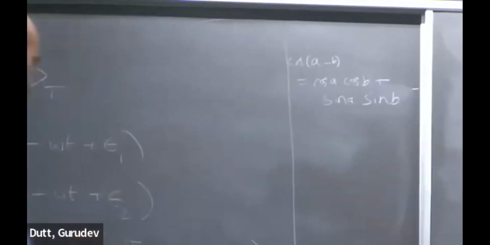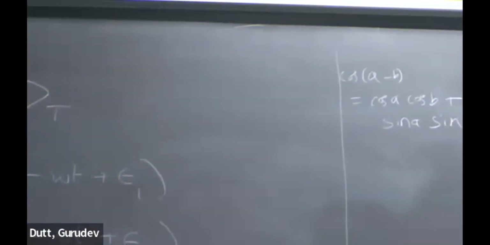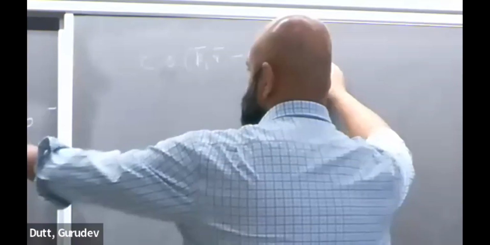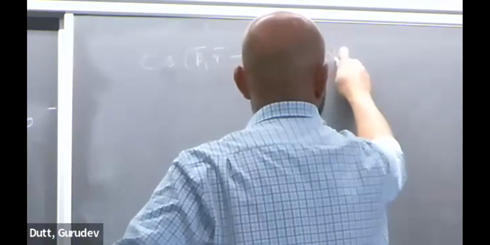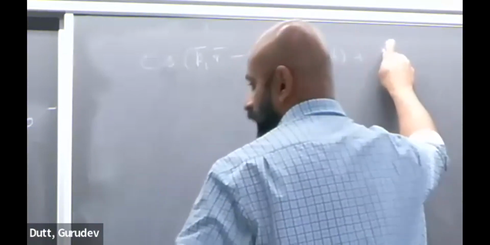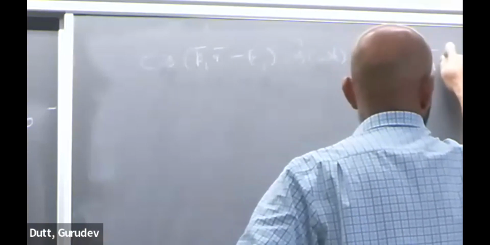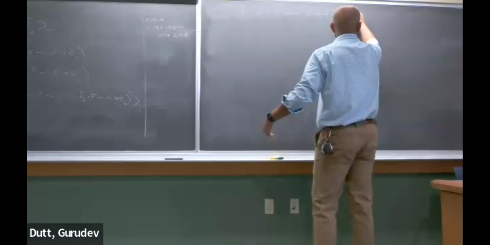So the minus is the b that I'm talking about, and k1 dot r plus epsilon 1 is the a. You can see there are many terms here because each of these has to be written out as cosine k1 dot r cos omega t plus sine k1 dot r minus epsilon 1 sine omega t.